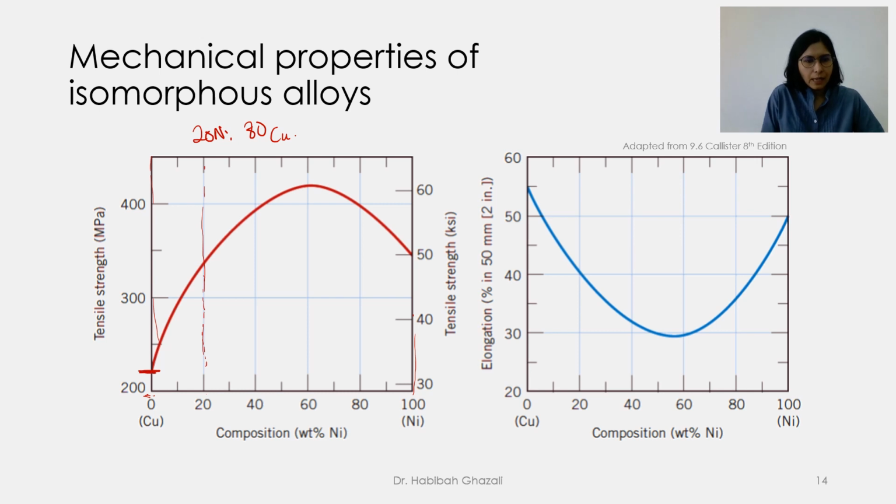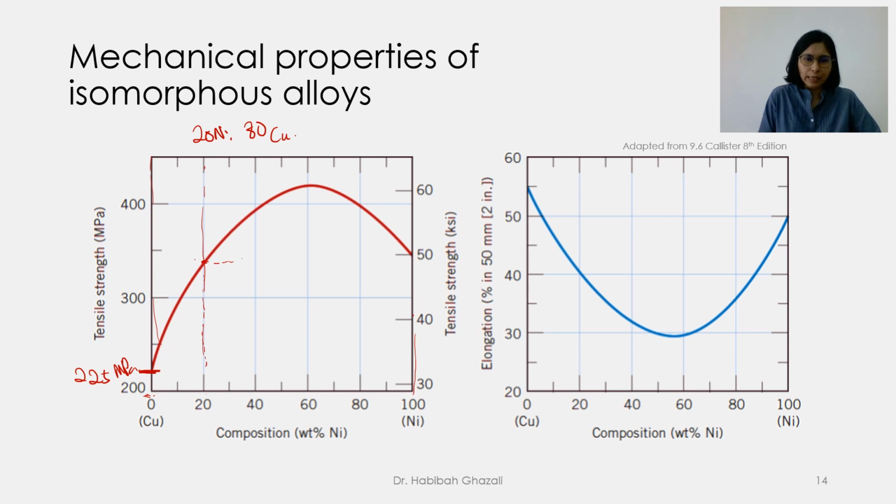Pure copper has around 220 to 225 megapascal tensile strength. As we add 20% nickel, the tensile strength has increased. So we actually introduce a strengthening mechanism that we call solid solution strengthening. We can alter the microstructure and the mechanical behavior by adding a second element. That is the purpose of an alloying element.